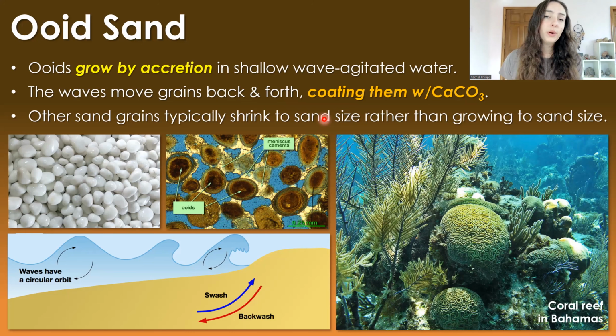I do want to mention, however, that coral reefs are common in the Bahamas, and coral fragments and other organism skeleton and test fragments make up a large component of the beaches there. However, I will say that there are some regions where if you collect sand, and I only know this because I haven't been there, but in my carbonate petrology class, we had these little sand slides.